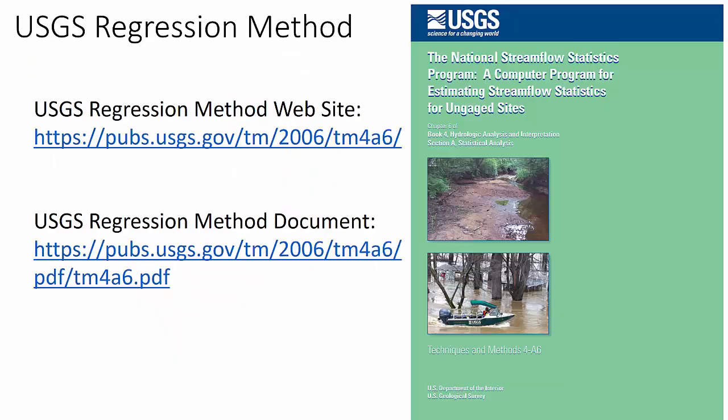The methods are clearly defined. These are well-established methods. We've been doing this for 50 years almost. The USGS has extensive documentation. You start with the National Streamflow Statistics Program. That's the NSS program. This program was just being developed when I was in graduate school, and it's now in full implementation.